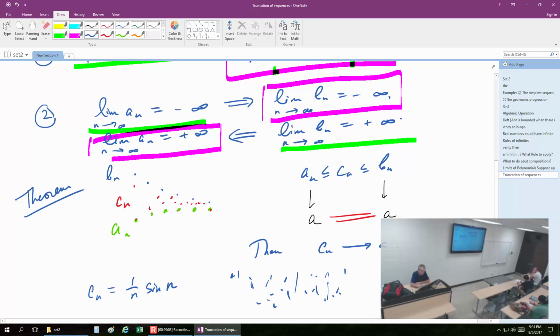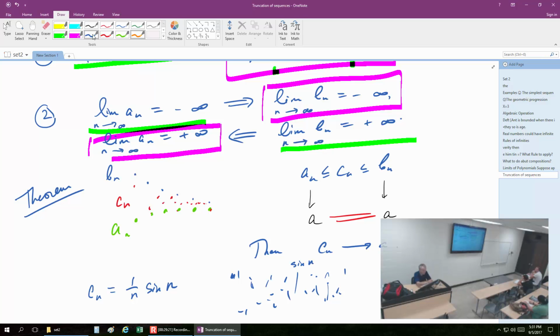But once you multiply by 1 over n, the amplitude, the swing, starts to diminish, and that creates a squeeze.